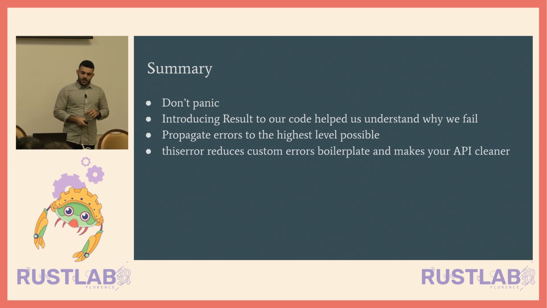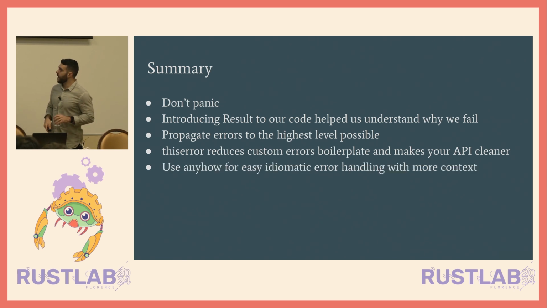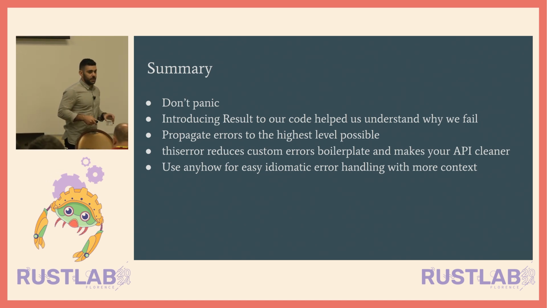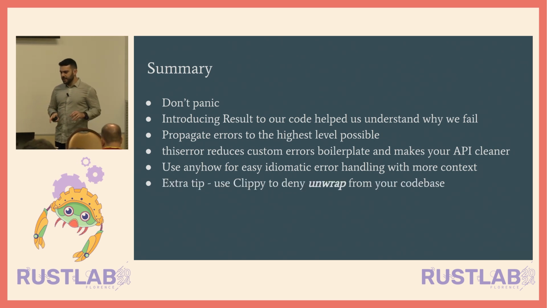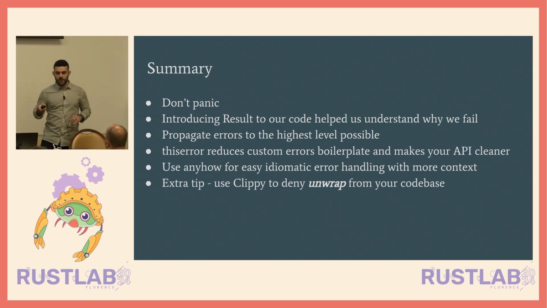This error reduces custom errors boilerplate and can make your API cleaner. And anyhow is amazing for the catch-all error type and for adding context. And it's a pretty idiomatic way to handle errors. And another extra tip, try to use Clippy. Clippy is the Rust linter.